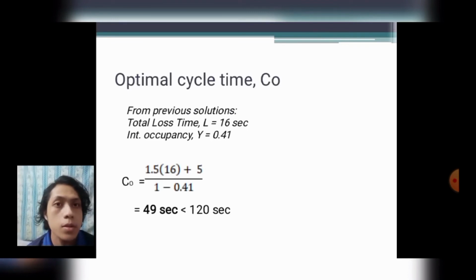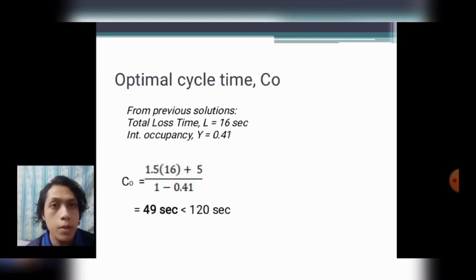Okay, next we can find the optimal cycle time. From the previous solution, we get the total lost time L equals 16 seconds and intersection occupancy Y equals 0.41.